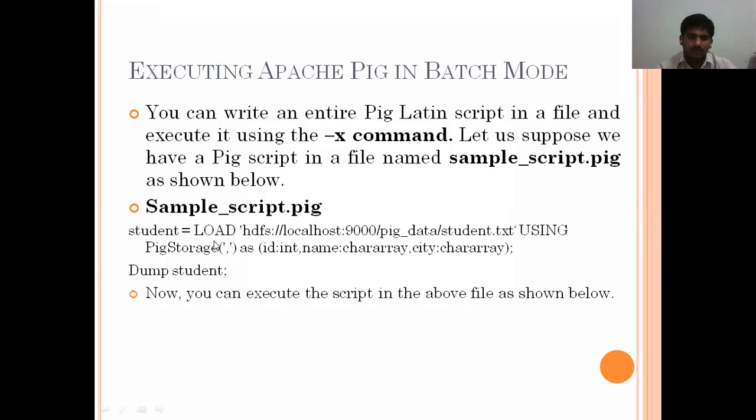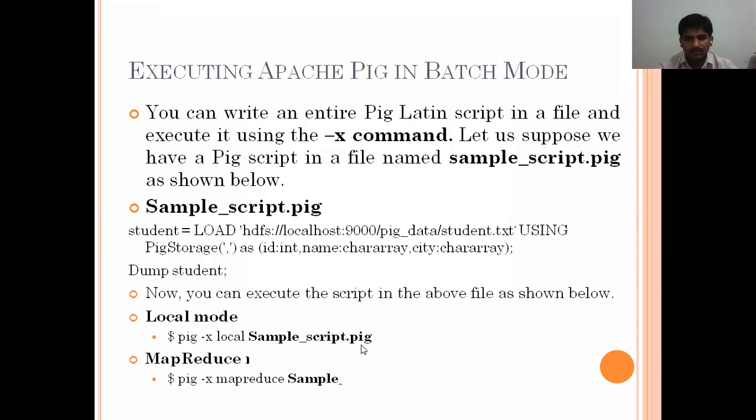Finally, we close it. Once the file is ready, we run it. In local mode, we run $ pig -x local sample_script.pig. The other one is MapReduce mode, where we use MapReduce with the sample_script.pig file. So these are the two different modes.